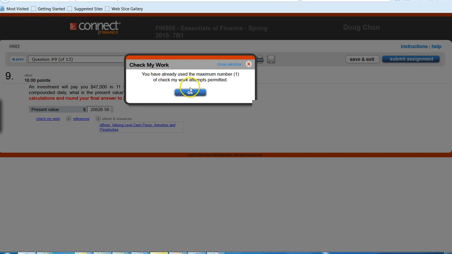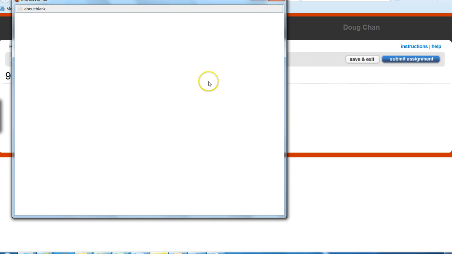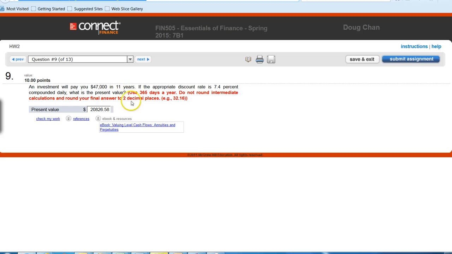It tells me you already used the maximum number of check my work attempts permitted, because I already checked once. So I guess I just need to submit my work to see whether I got the right number. Why is this not popping up? Sometimes the connection here is very slow, so excuse me for that.